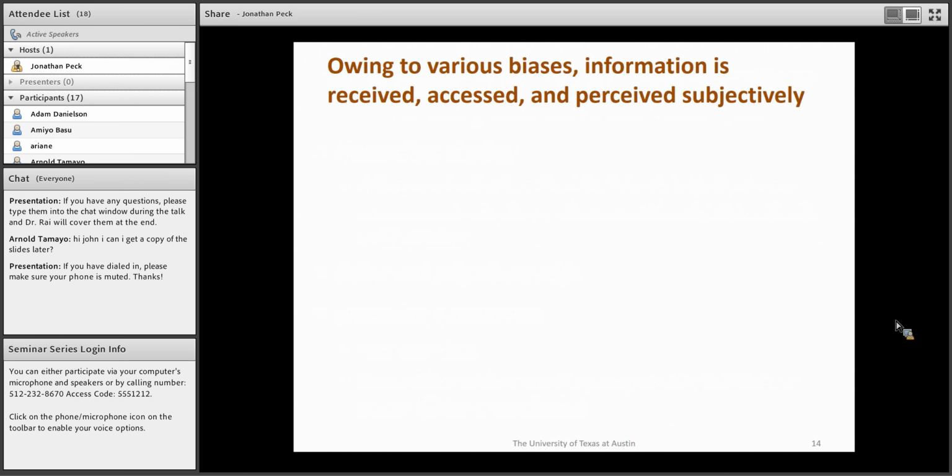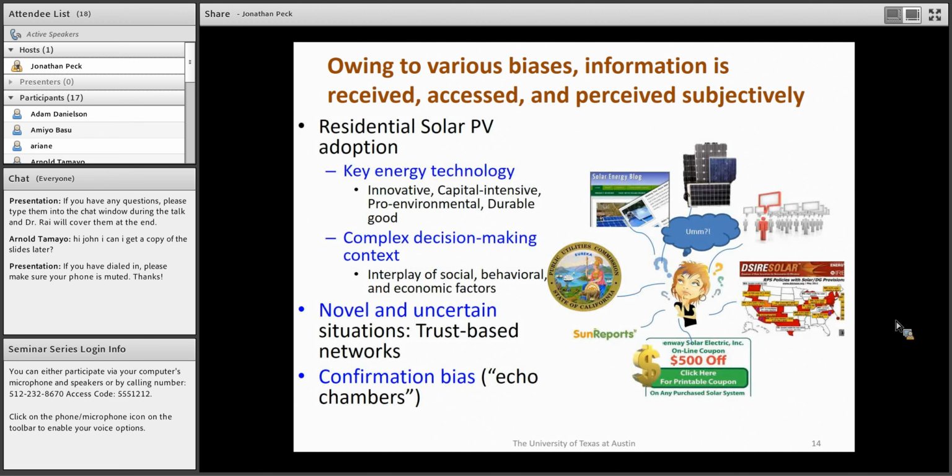And so I would like to suggest that owing to different types of biases and how information is received, accessed, and perceived subjectively, that understanding that is I think going to be very important as solar tries to break into the next big wave of adopters, which is really almost everybody, because the adoption process in many ways has just begun. As I said before, the attributes of solar, so the novel nature, capital intensive, durable, make it a complex decision process, right?